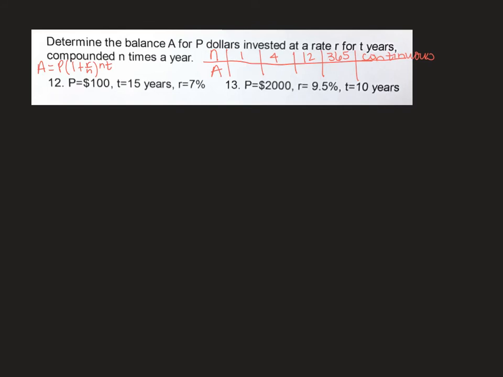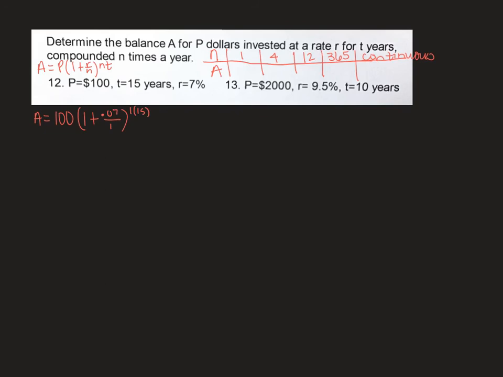So for 1 time a year, we have invested $100. We have a rate of 7%, so that's going to be 0.07. We're dividing it by 1 because that's how many times it's being compounded in the year. And we're going to multiply that by the number of compounds times the years. So 1 times 15 is just 15. 0.07 divided by 1 is 0.07.